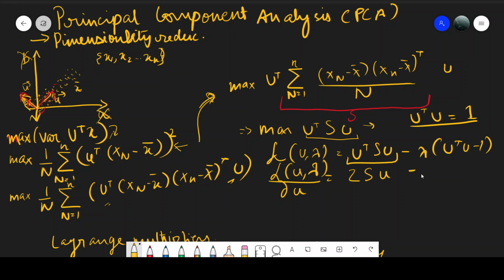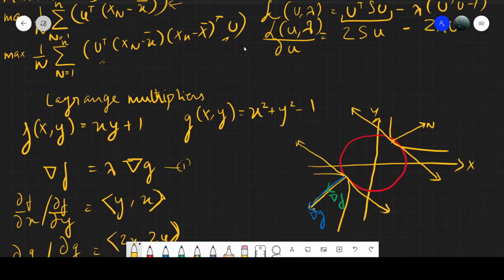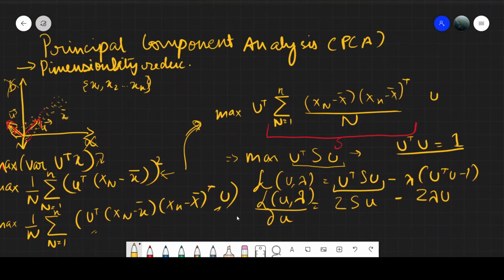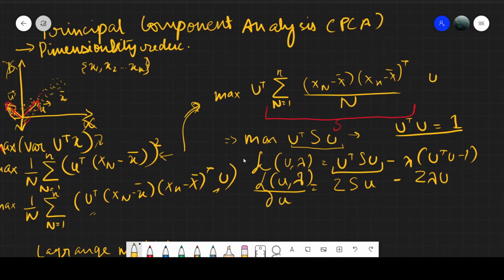The derivative of this gives me 2Su. Similarly, the derivative of this gives 2 lambda u. This is the same thing that we just learned in Lagrange multipliers; there's no difference here. We have basically found the partial derivative with respect to a constraint. And now I'm going to equate this to 0. So basically what I'll get is Su equals lambda u.